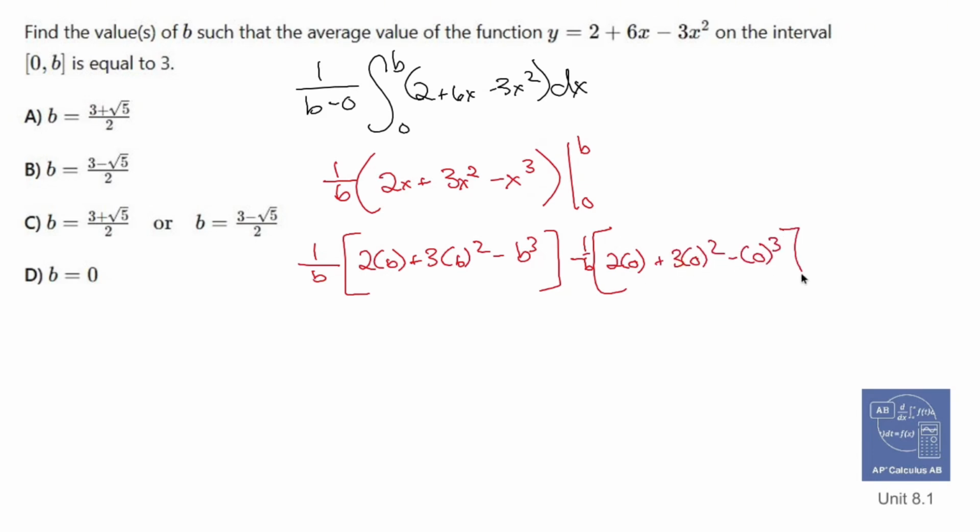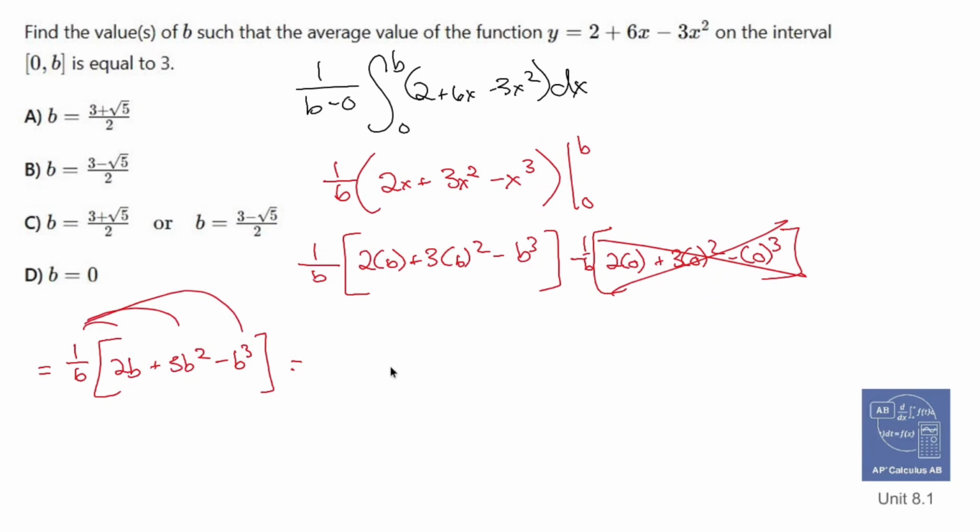That all goes away, so this is what I'm left with: 1 over b times 2b plus 3b squared minus b cubed. After distributing 1 over b to everything, you become 2 plus 3b minus b squared. Now I have to set that equal to 3.